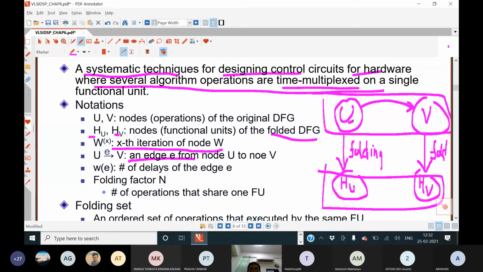Once U is executed, the execution of V starts. The execution of V depends on when the execution of U is completed, because the output of U is applied as an input to V. So the execution time of U is very important, because it defines when V would start execution.